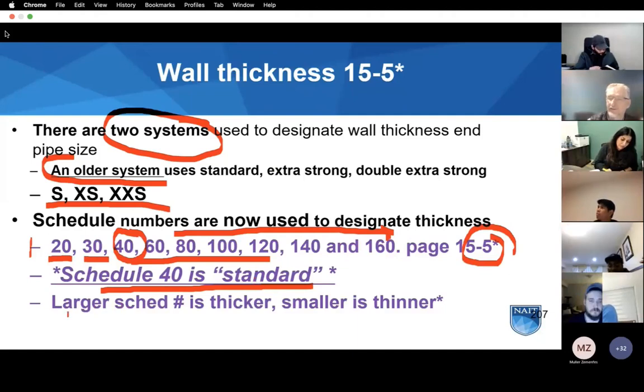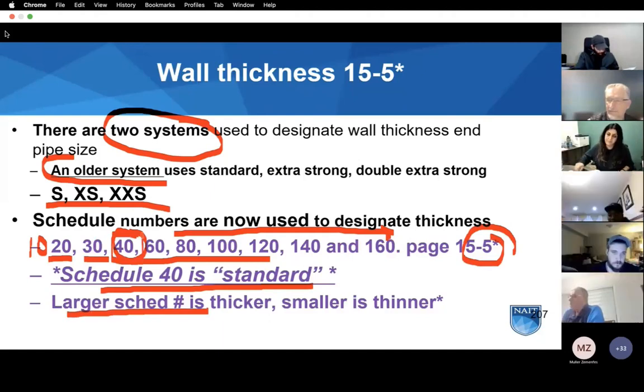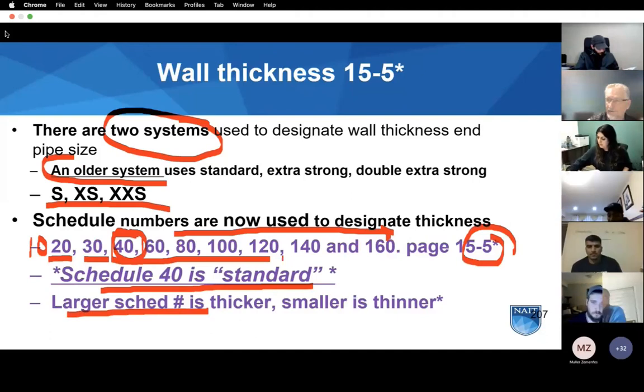So the larger the schedule number: if you have a 10, it's cheap thin piping. If you have a number 40, it's considered standard piping. And if you go up to a higher number, this is the real deal, the thick stuff, okay?